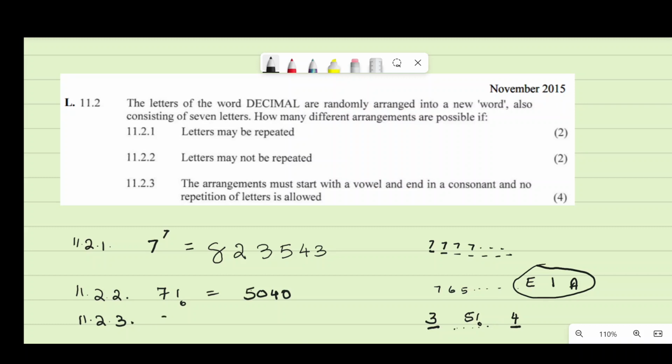So the answer here is 3 times 5 factorial times 4. The answer is 1440.